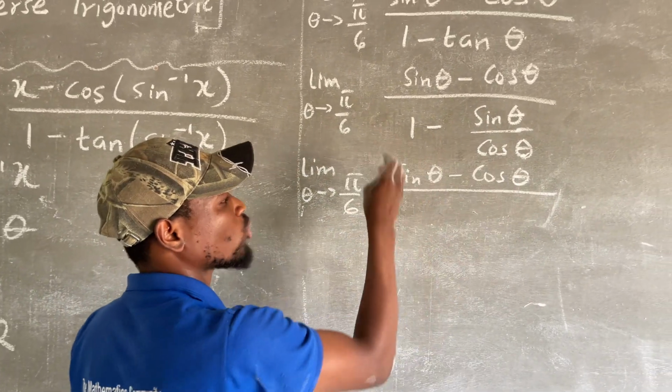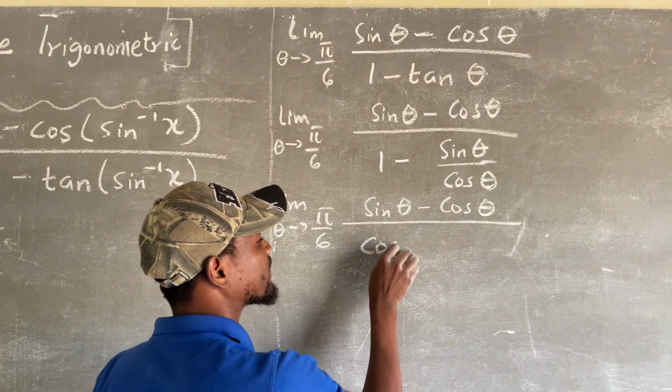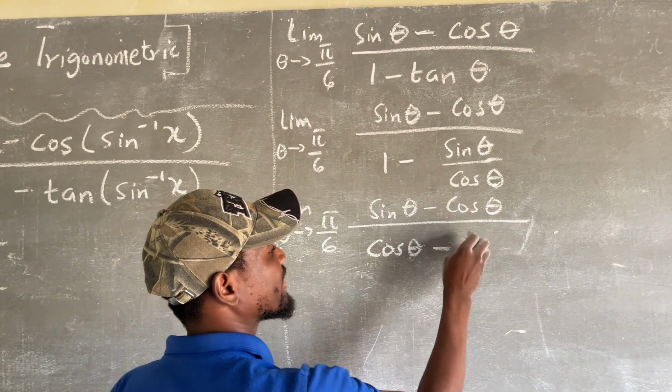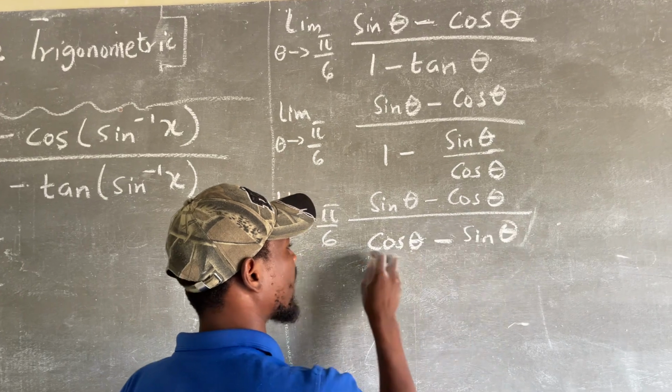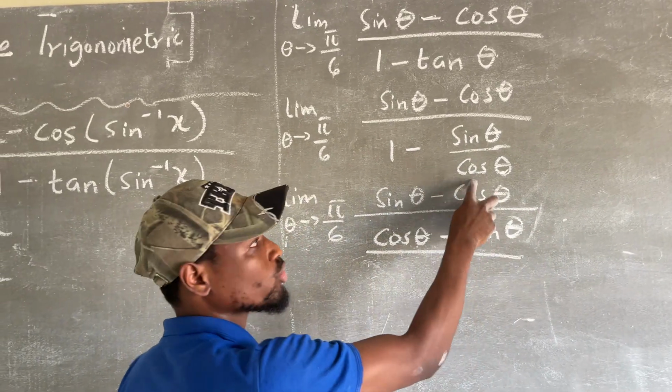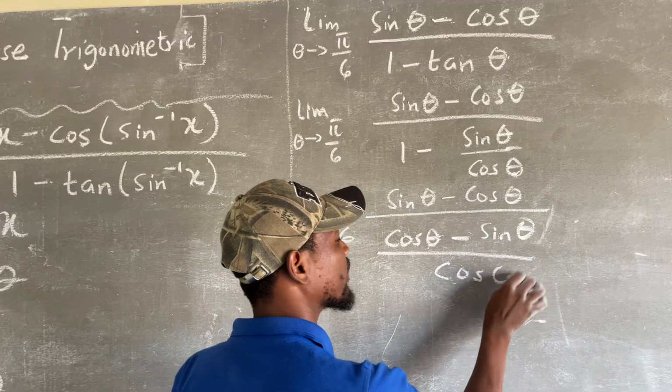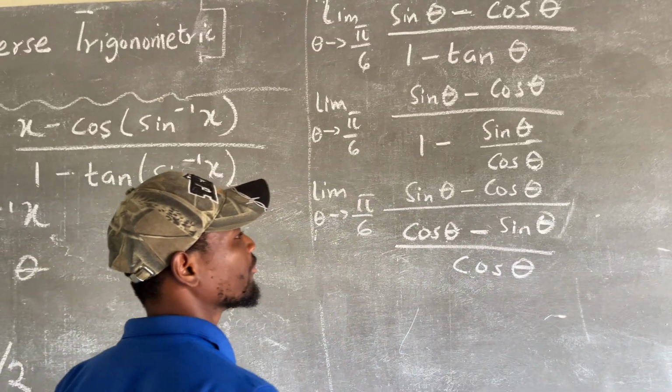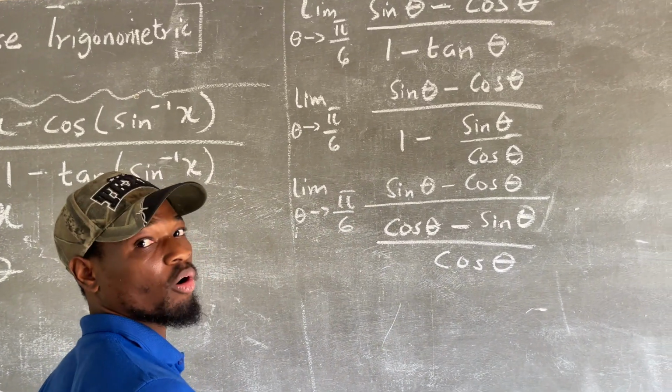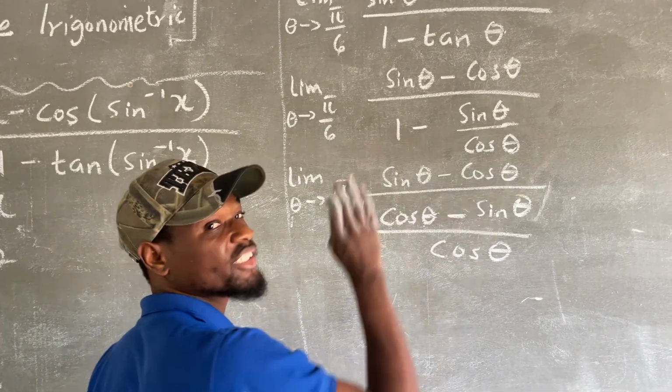So cos theta times 1 is what? We have cos theta, then minus sine theta, then over the common denominator, which is cos theta. Okay, viewers, in order not to become confused, let me just separate them.